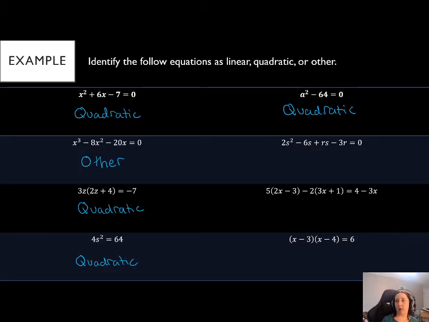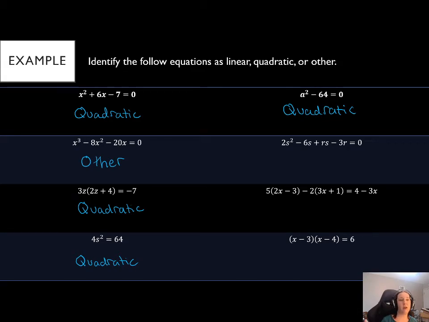Okay, now on the bottom, second one on the right column, we have 2s squared minus 6s plus rs minus 3r equals 0. So this is quadratic. Even though we have more than one variable, it is still considered quadratic.